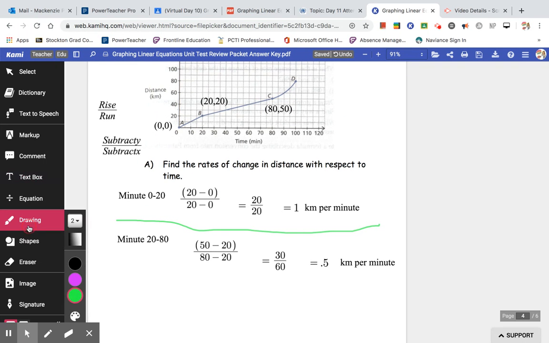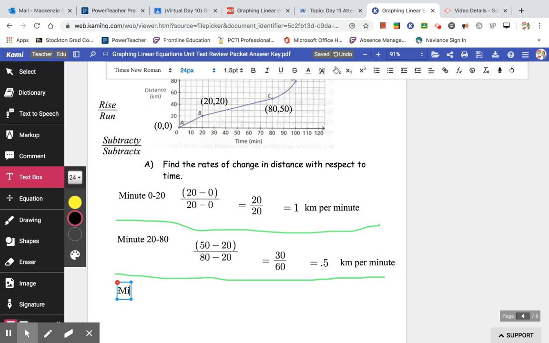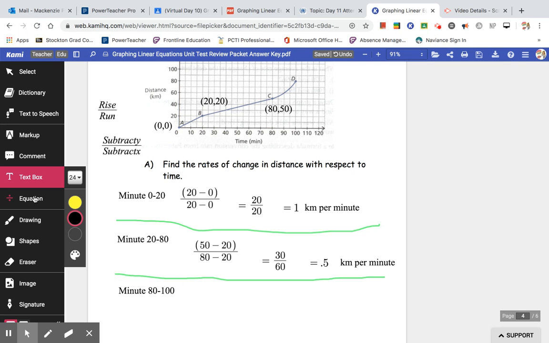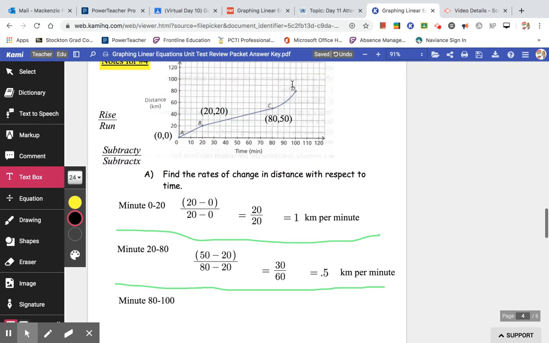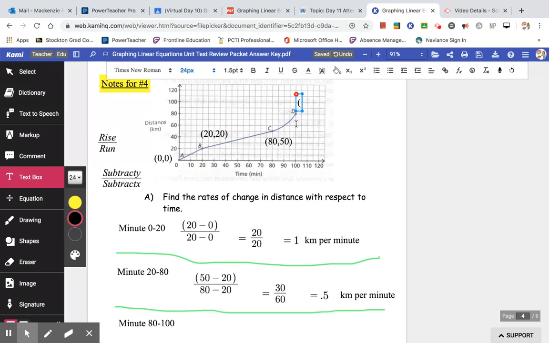And then our last one that we have to calculate is from C to D. If we take a look from C to D, that's minute 80 here, and D is at minute 100. So it's minute 80 to 100. That's our last line. To calculate this, we do need to know what point D is. That's over 100, comma, up 80.